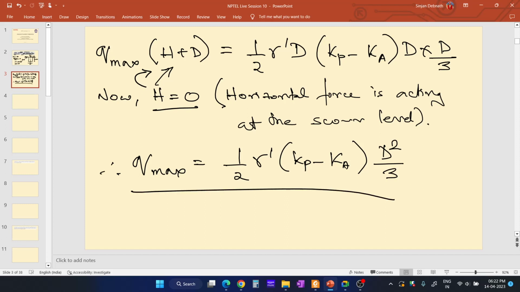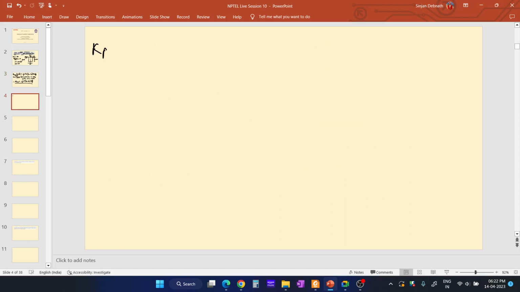Now what is Ka? The active earth pressure coefficient is 1 minus sine phi by 1 plus sine phi. One thing I must say: please refer to the lectures of the Advanced Foundation Engineering course to understand this problem better, because the theory has been very well explained there.